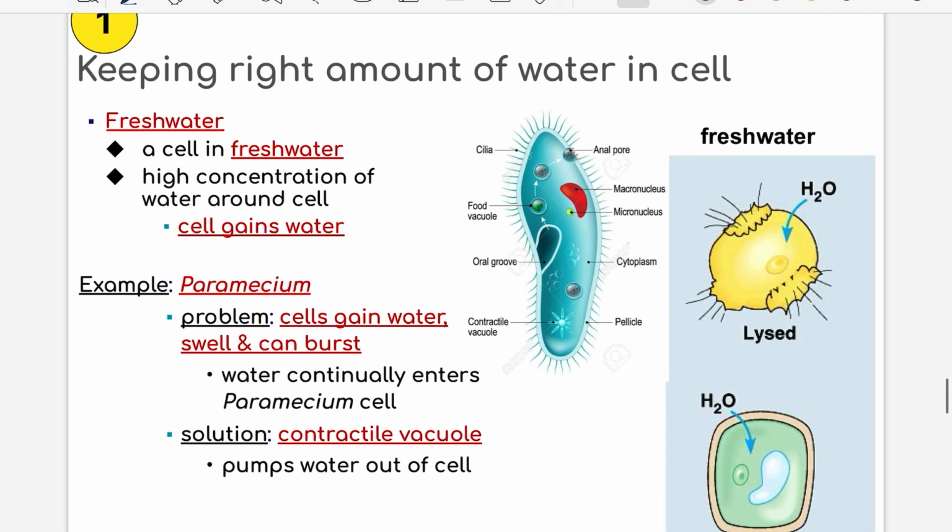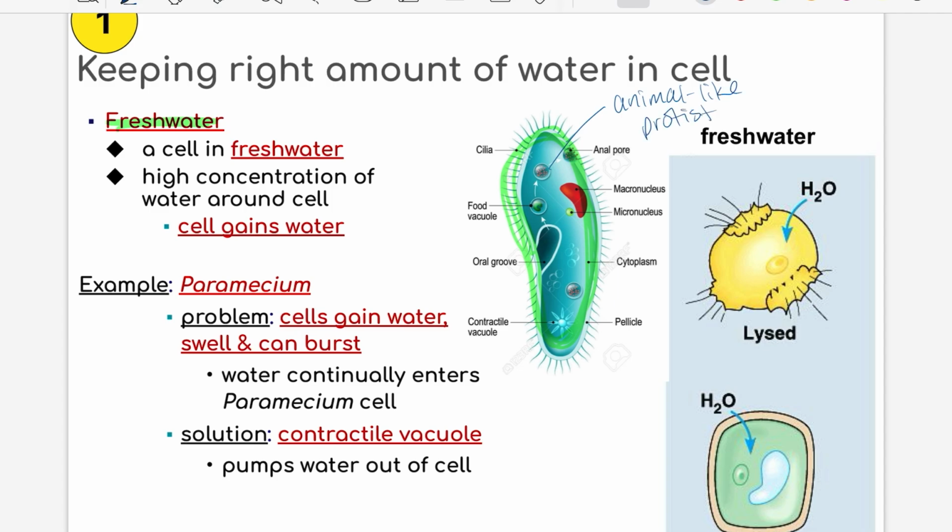Okay, so there's a few ways that cells can get around this. In fresh water, living things like a paramecium, so here's a paramecium, are going to swell up and burst. This is a protist, an animal-like protist.